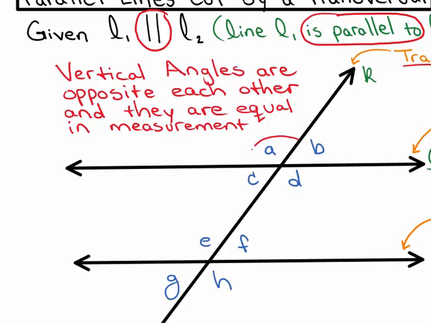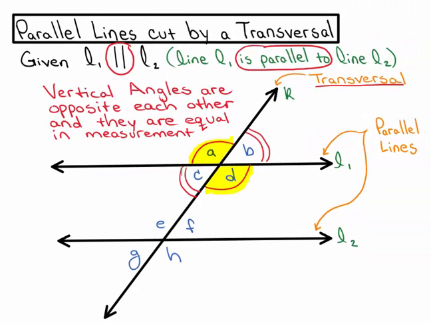So angle A is a vertical angle with angle D, because they're opposite each other. That means they are also equal in measurement. Angle C is a vertical angle with angle B. So that means they're also going to be equal in measurement.